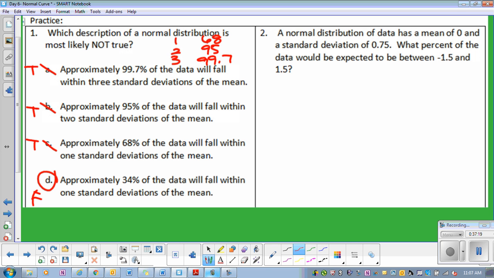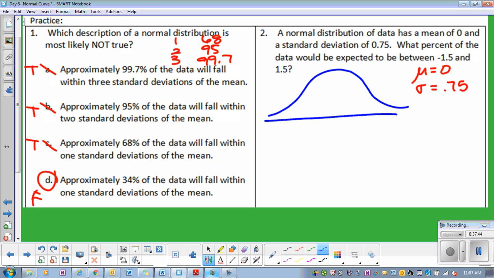A normal distribution of data has a mean of 0 and a standard deviation of 0.75. What percent of the data would be expected to be between negative 1.5 and 1.5? Draw your curve. So mean of 0, standard deviation of 0.75, right? Zero. Yes? Standard deviation, you want to do 1, 2, 3, 1, 2, 3.